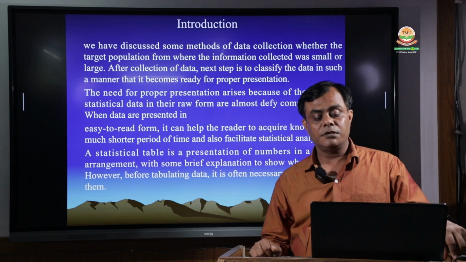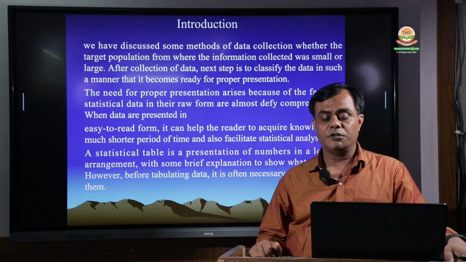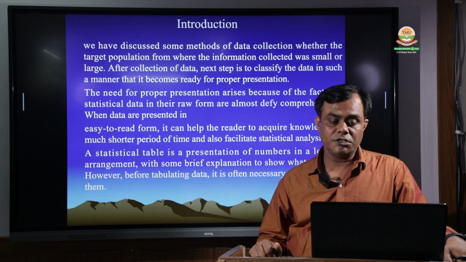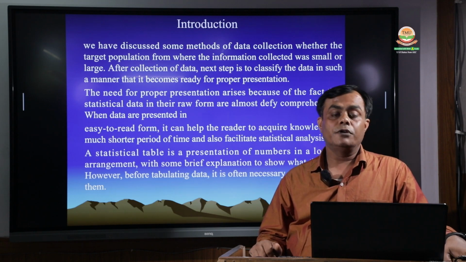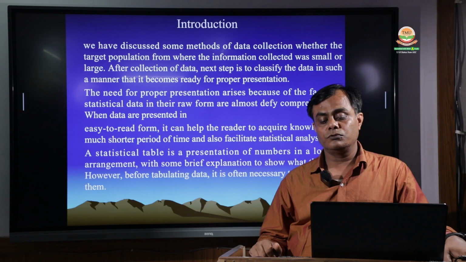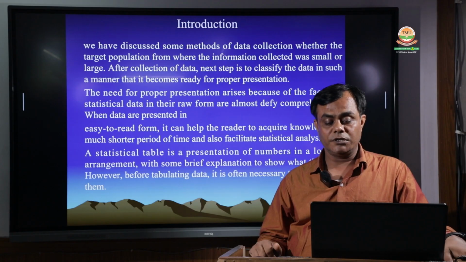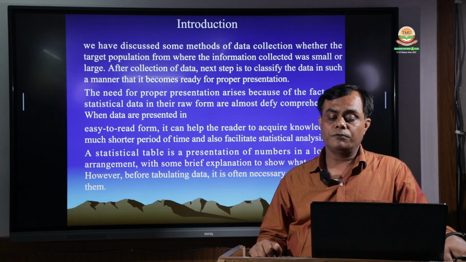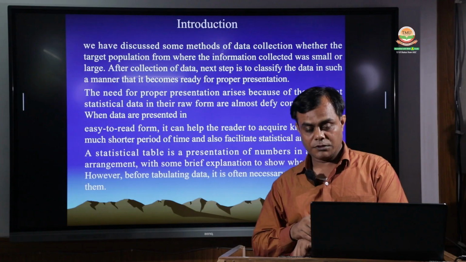A statistical table is a presentation of numbers in a logical arrangement with some brief explanation. However, before tabulating the data, it is often necessary to first classify them.